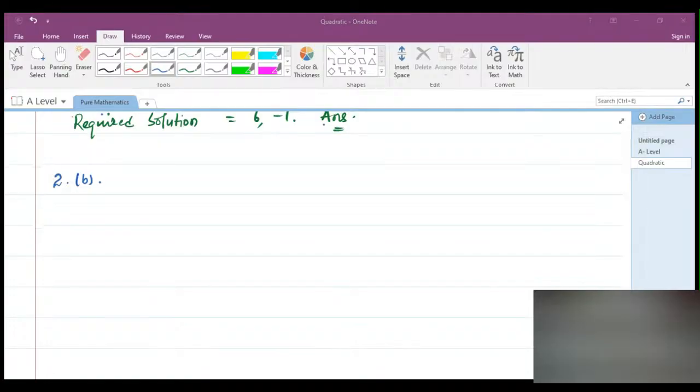So this is the question and it asks us to find out the value of x. Let's see the solution.